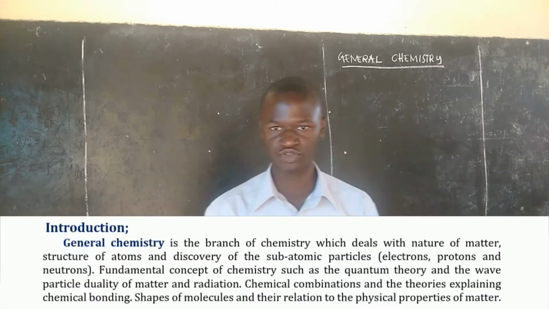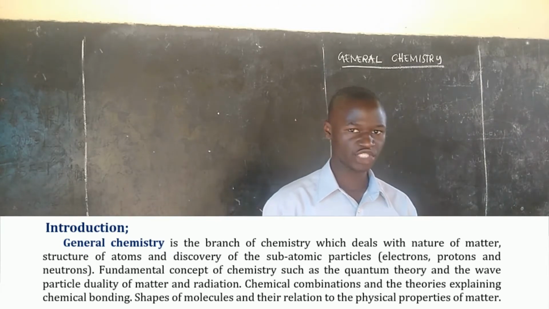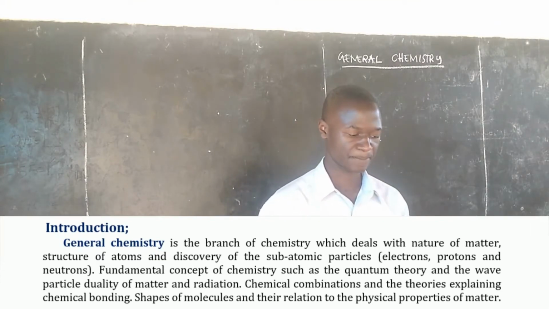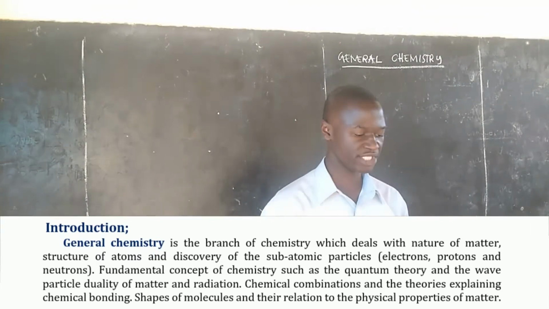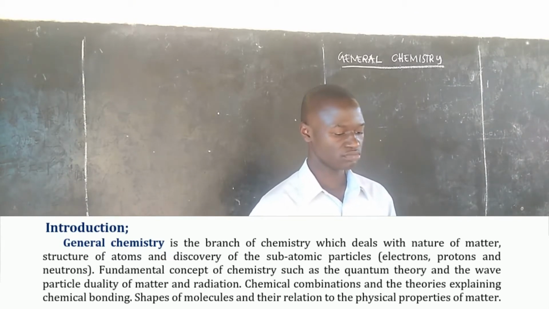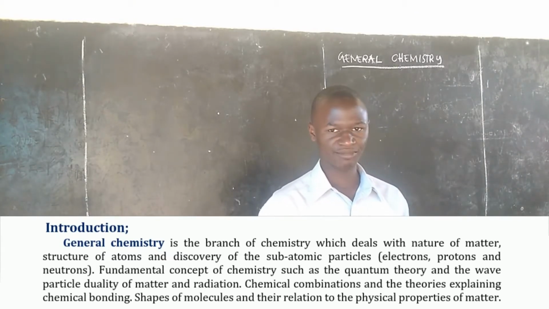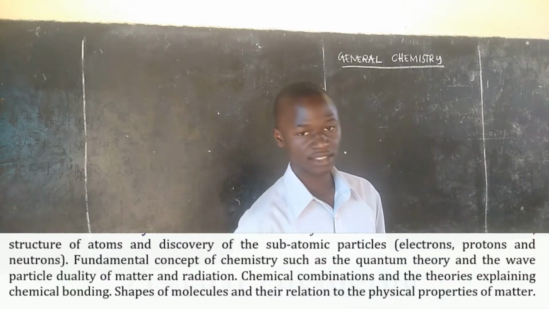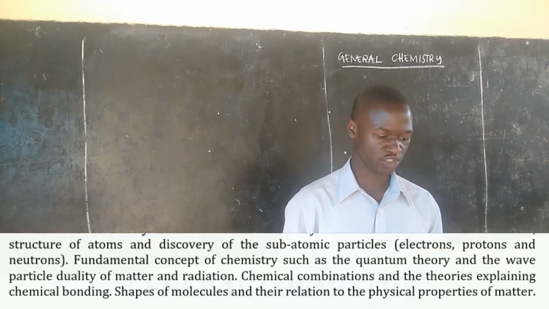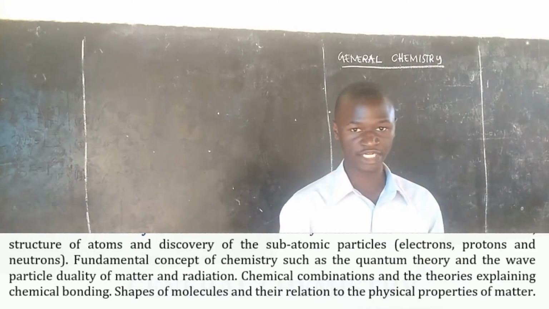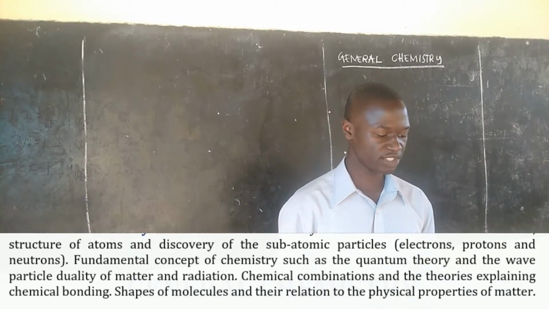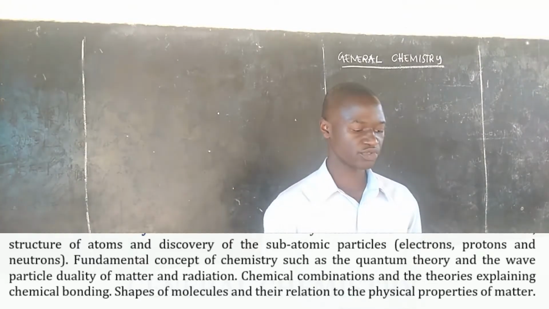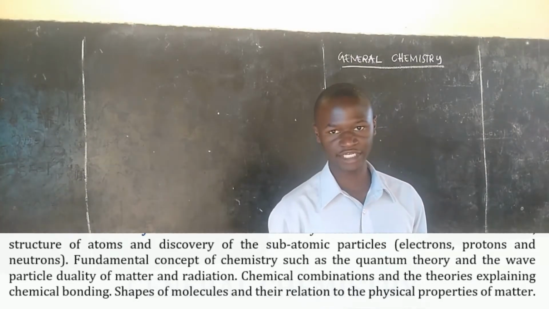Now let's see the introduction. By introduction, we are saying that general chemistry is the branch of chemistry which deals with the nature of matter. So, nature of matter, how matter is made up, and then it also deals with the structure of an atom, the discovery of subatomic particles, which are electrons, protons, and neutrons, fundamental concepts of chemistry, such as quantum theory, and the wave-particle duality of matter and radiation.